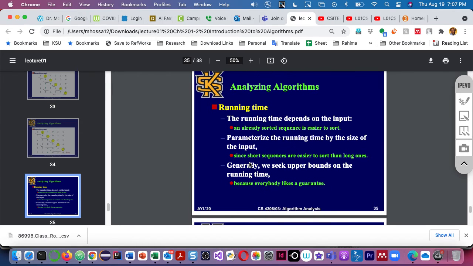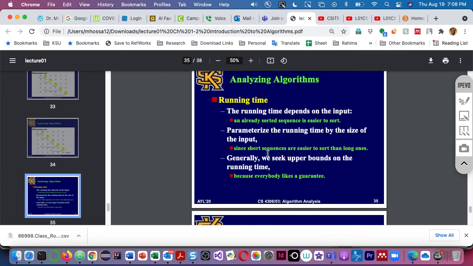So the running time depends on input size. If it is already sorted, then it takes less time. If it is completely unsorted or almost unsorted, then it will take more time.